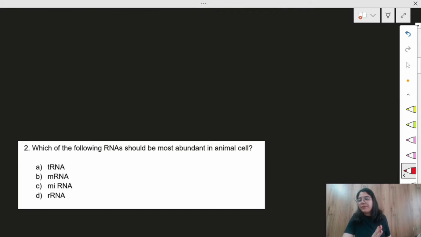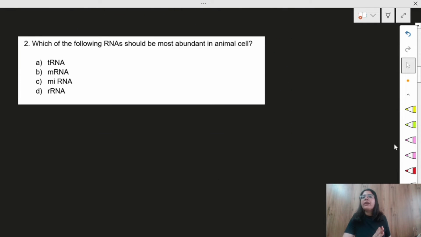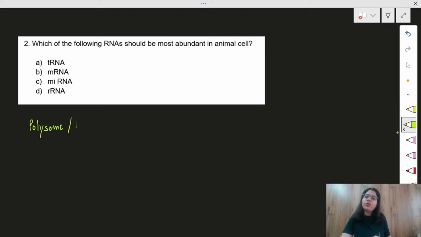Second question. Which of the following RNA should be most abundant in animal cells? For solving this question, you require one particular concept which is called polysome or polyribosome, which you have learned in the prokaryotic cell.